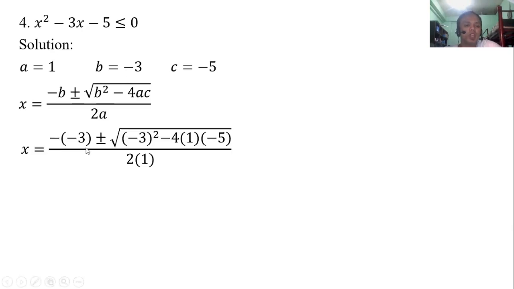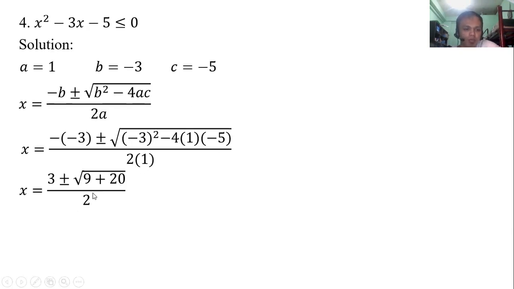Negative B, negative times negative 3 is 3, plus or minus the square root of negative 3 squared, which is 9, minus 4 times 1 times negative 5, which is positive 20, all over 2 times 1, which is 2.